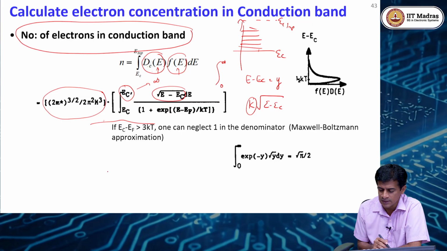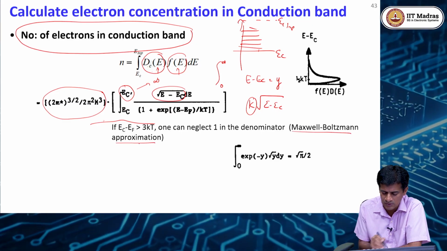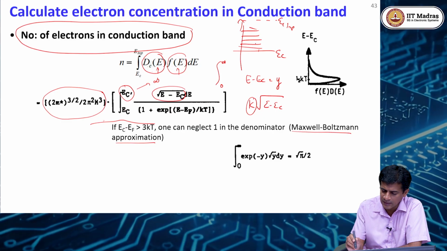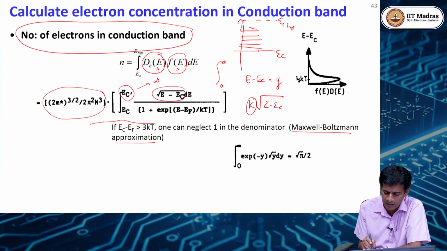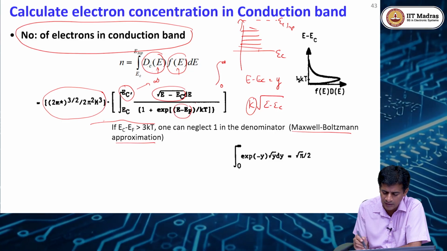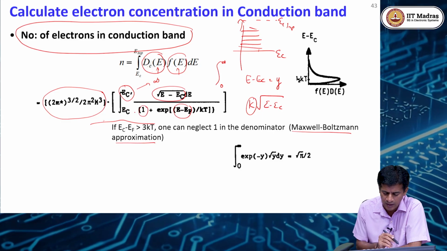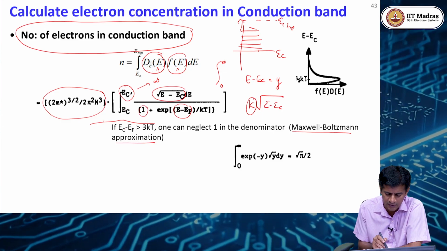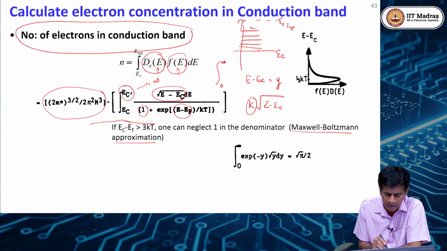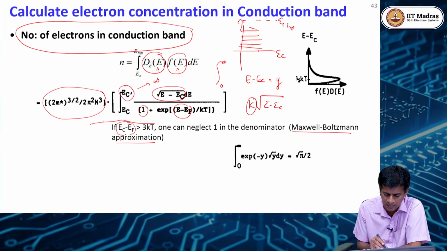One more approximation is known as the Maxwell-Boltzmann approximation, which we saw earlier. When the difference between the electron energy level and the Fermi level is large, you can neglect this term. Essentially, we assume that the Fermi level lies more than 3 kT from the bottom of the conduction band.